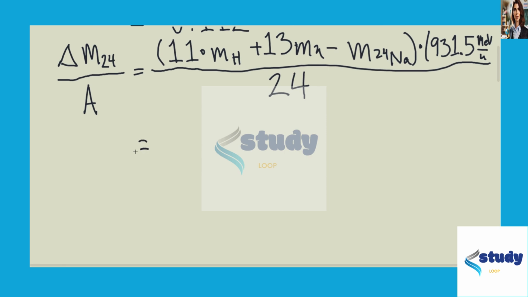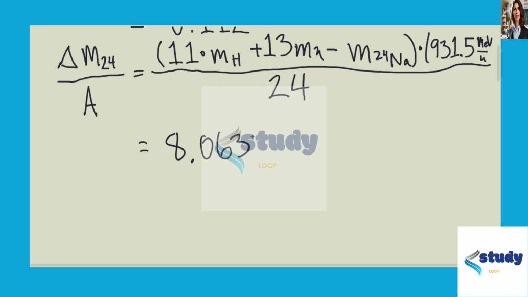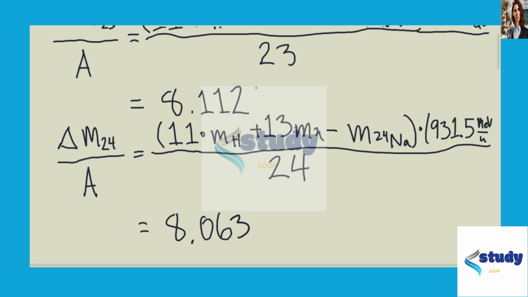Those numbers come out to 8.063. And I'm sorry, on my last one, I should have had megaelectron volts. Always want to remember the units. And we'll box these.